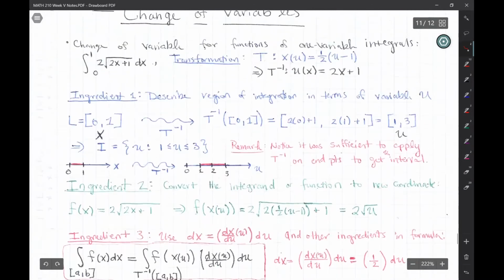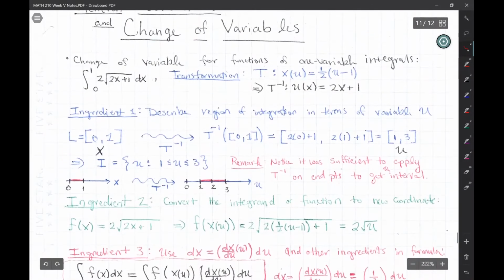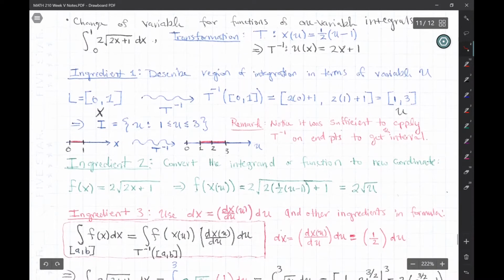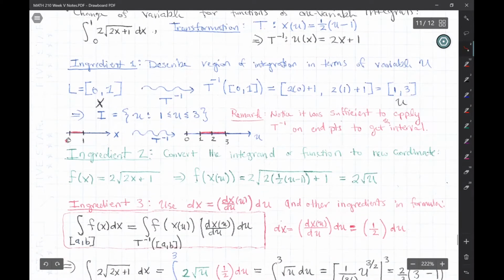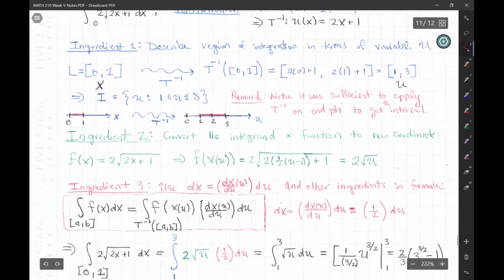Moving up here, you can see the analogy: we are transforming from our old variable x, applying T inverse, to our new variable u.